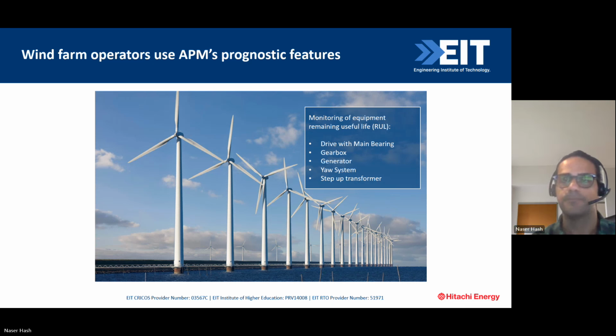If a failure is happening in any of these turbines, then we need to send a crew over the ocean to try to fix it. It's a very time consuming and very costly activity.